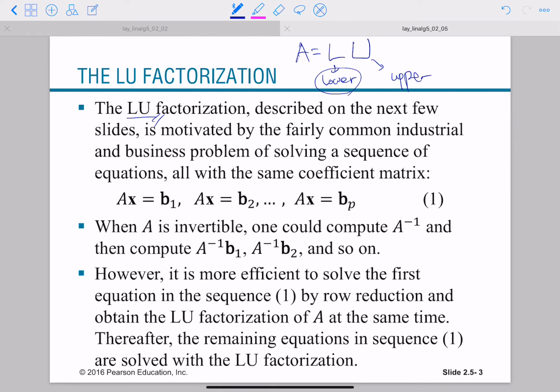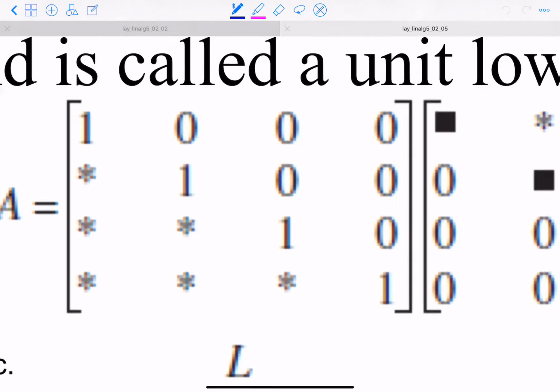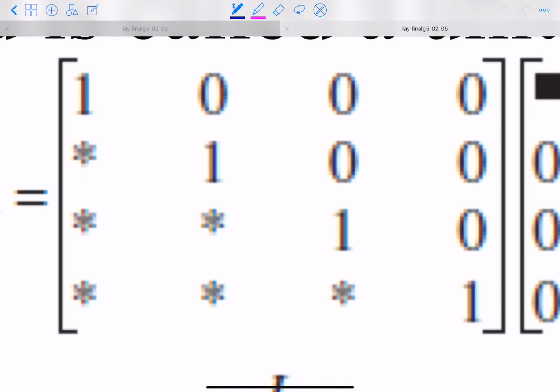Lower means lower triangular matrix, and upper means upper triangular matrix. And what is a lower and upper triangular matrix? You will see this form. If we see this kind of pattern, the asterisk or star is any arbitrary value, whether it is a 0 or not.